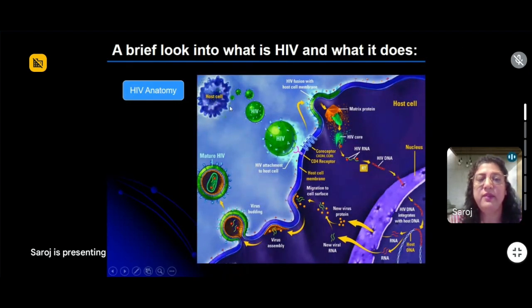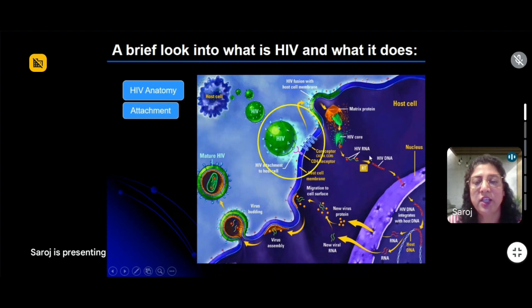So in this diagram, you will see that this is one host cell which was probably infected by HIV. This cell has been destroyed and all the free HIV has been released from this cell. Now these HIV which are present in your blood, your plasma, are free to infect other CD4 positive cells, and this is precisely what is happening.